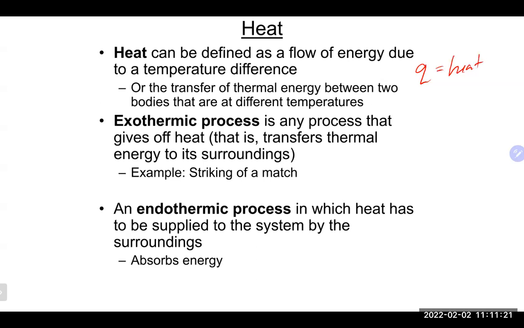When we calculate Q, which we'll learn later in this chapter, we will end up with one of two things: a number that's either positive or negative. Typically anything that is exothermic will result in a negative value when you calculate the heat or energy associated with something.